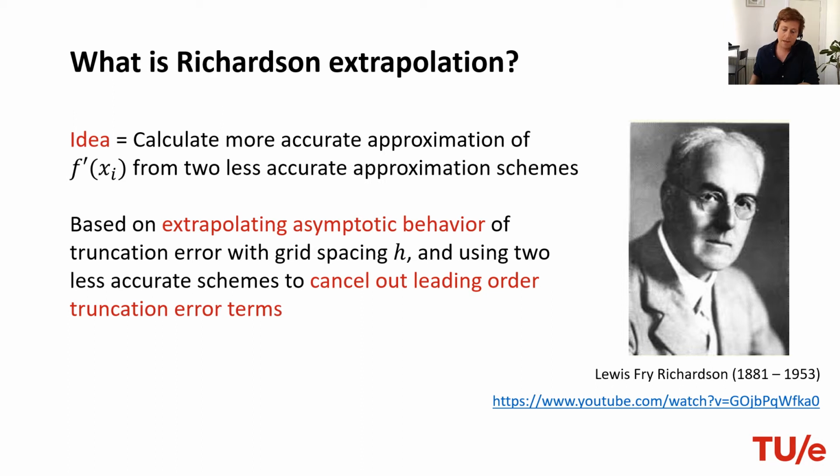Now that's really quite a mouthful to say it like that, but once you see it in action, you will realize it's actually remarkably simple and allows us to easily come up with these higher order approximations of the derivatives.